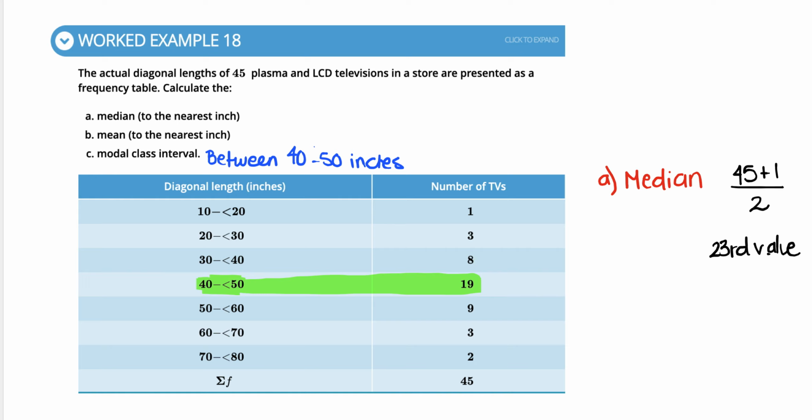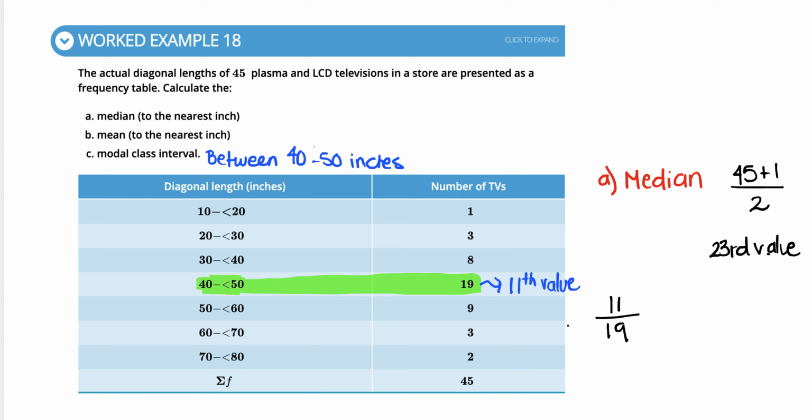That means it is in here, but it's going to be the 11th value. Follow me here on how we're going to do this calculation. It is the 11th value out of how many? Out of 19 values that I have there.